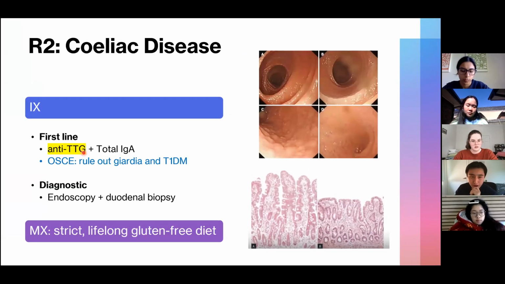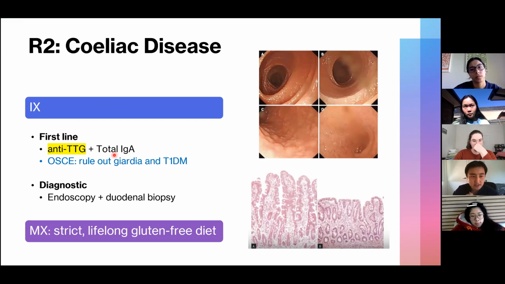So the reason why we order a total IgA together with anti-TTG is because the antibody anti-TTG itself is an IgA antibody. So this is literally an IgA antibody. So the reason why you want to order a total IgA is because in 2% of patients with celiac disease, they also have IgA deficiency.